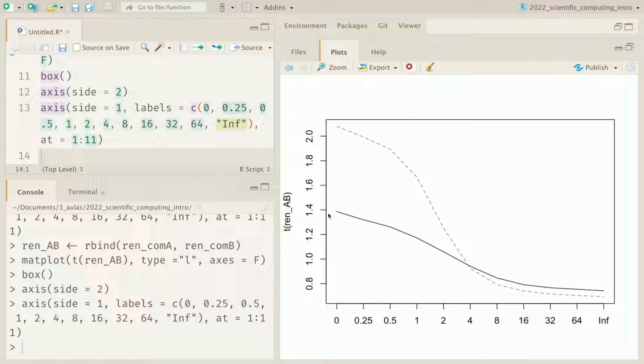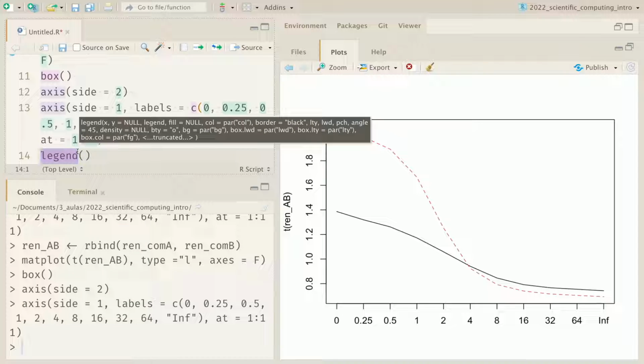Are we okay? What I am doing here is also showing you how plots work. So we can add a legend just by using the legend function.